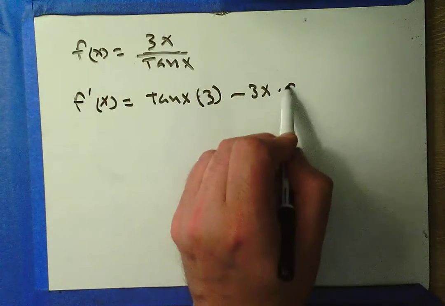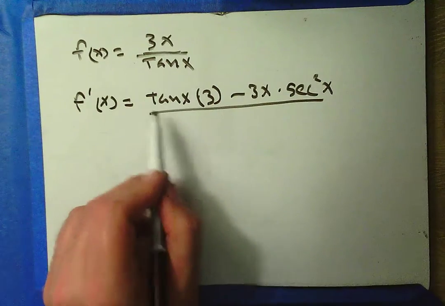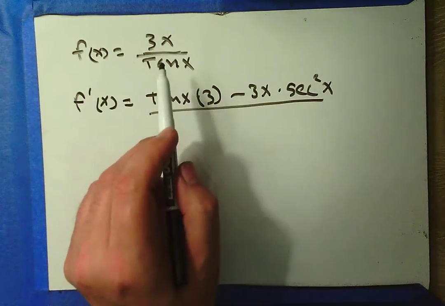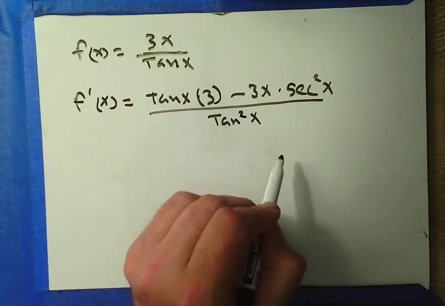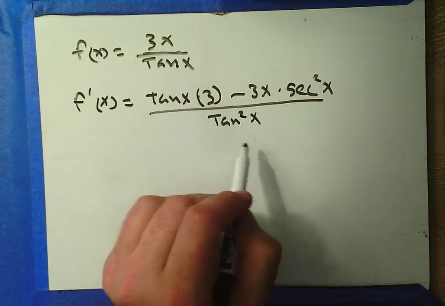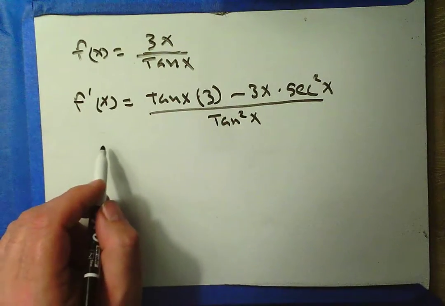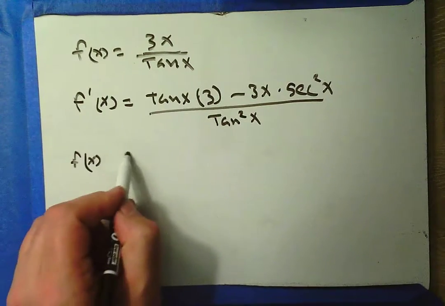The derivative of tangent is secant squared, and really you need to be able to do that without looking at that piece of paper. And over low squared, tangent squared x. Okay, not really going to be any tidying up we can do here, so I'm just leaving it and moving on. How about one more with quotient rule?